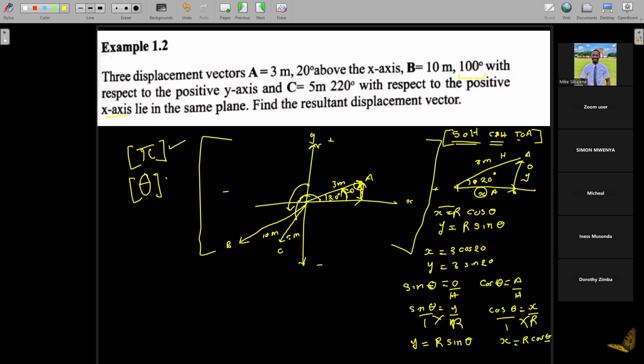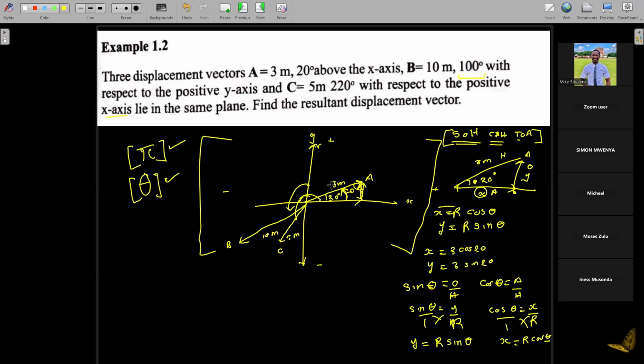Okay, we are going to stick with theta for angle. You can use phi, but let's stick with theta. Are we together? I hope everyone is clear how we got the x and the y component for our first vector, isn't it?